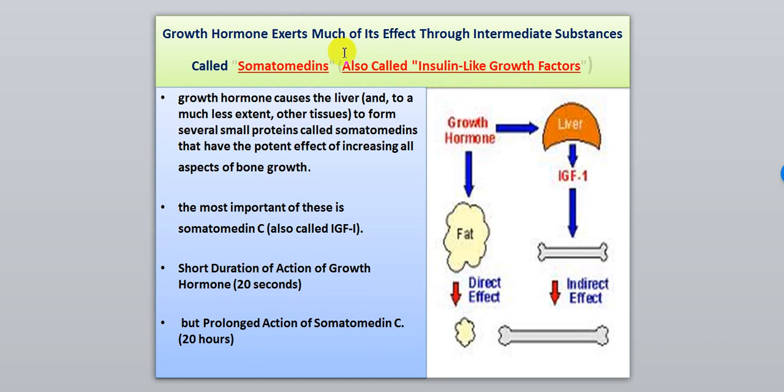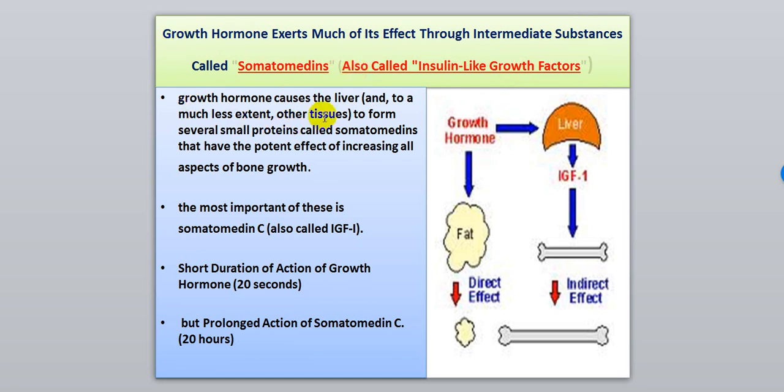Growth hormone exerts much of its effect through special materials called intermediate substances. They are called somatomedins, insulin-like growth factors. All these materials are secreted under control of growth hormone, and they do the same work that growth hormone does.